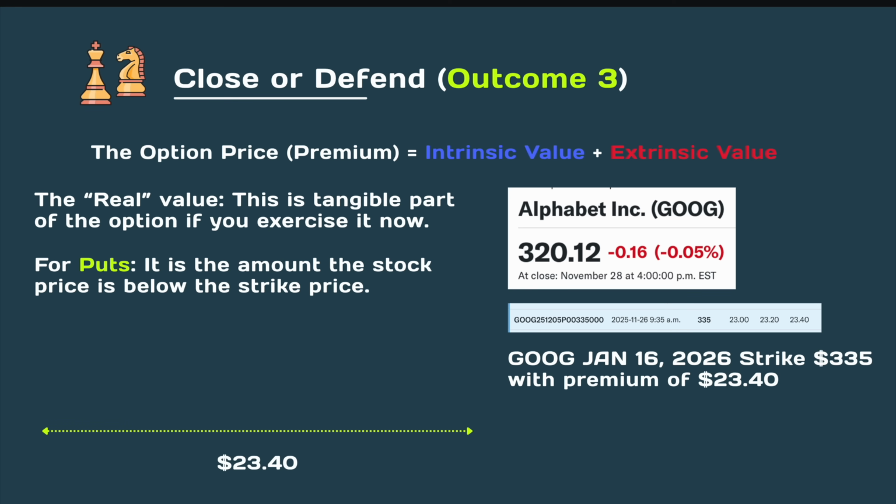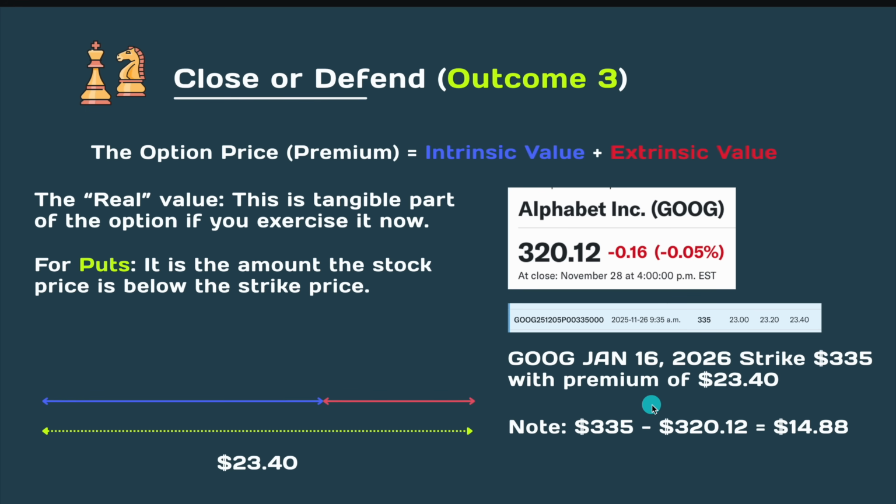So if that's the price of the option, remember the option equation: the price is equal to the sum of the intrinsic value plus the extrinsic value. Remember what the definition of the intrinsic value is. The definition of the intrinsic value is the amount that the stock price is under the strike price. So if the strike price is $335, if we subtract the stock price, we're going to get our intrinsic value, which is represented by the blue $14.88.